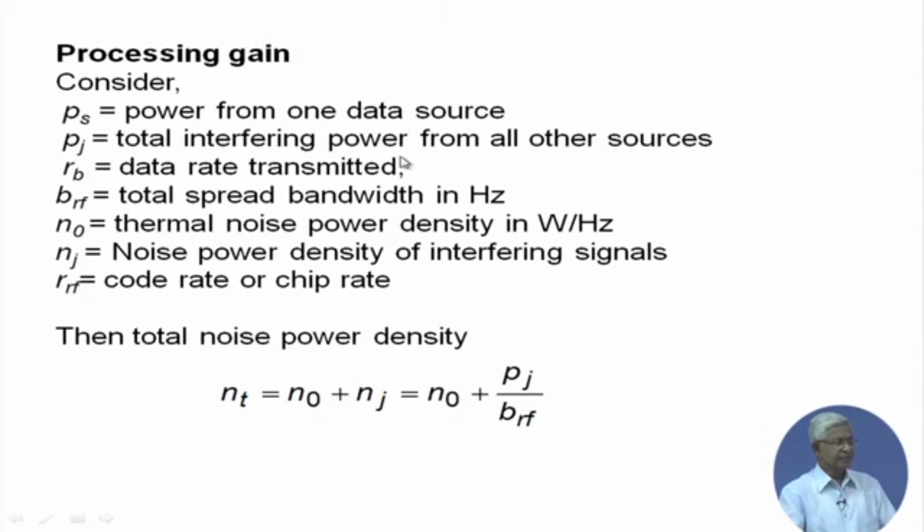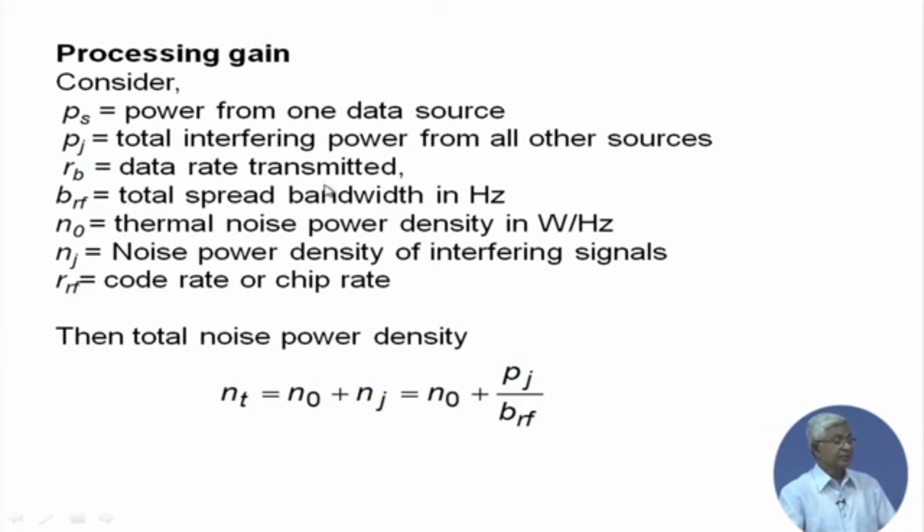In case of CDMA, one station is communicating and all other stations' communication over the same bandwidth is coming. So, they are acting as jammer. So, we can call it total interfering power or Pj as total P jam, that is the total power. So, Pj is much more than Ps. One station is transmitting Ps, Pj is all other stations transmitting total power.